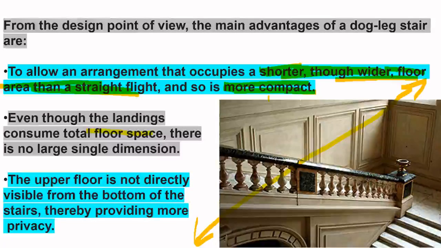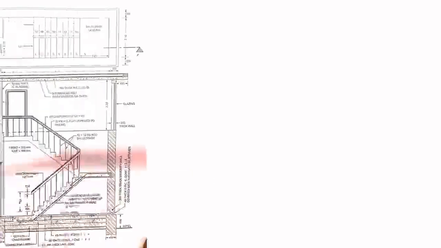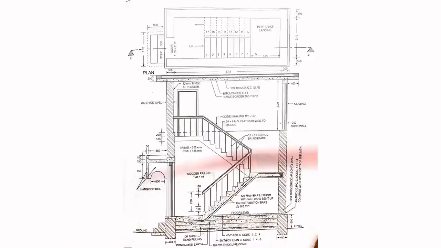So this dog-legged staircase will provide you more privacy. Now, you can see the plan and elevation of a dog-legged staircase. So this is your plan and this is your elevation.